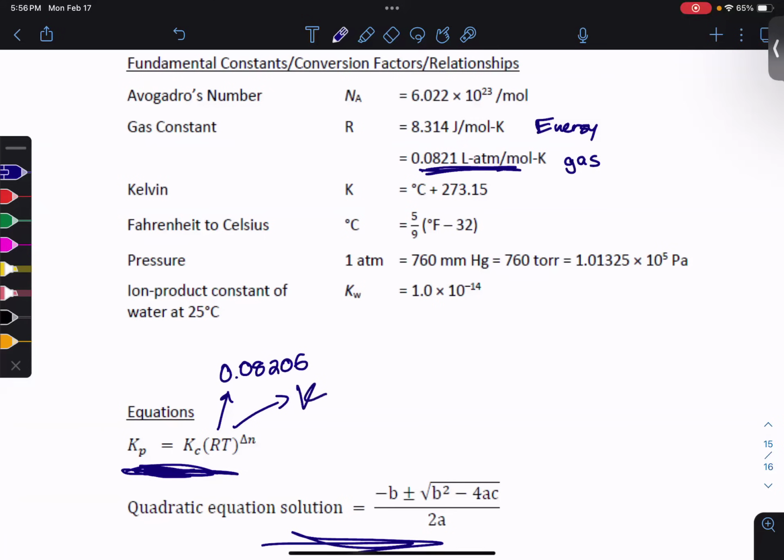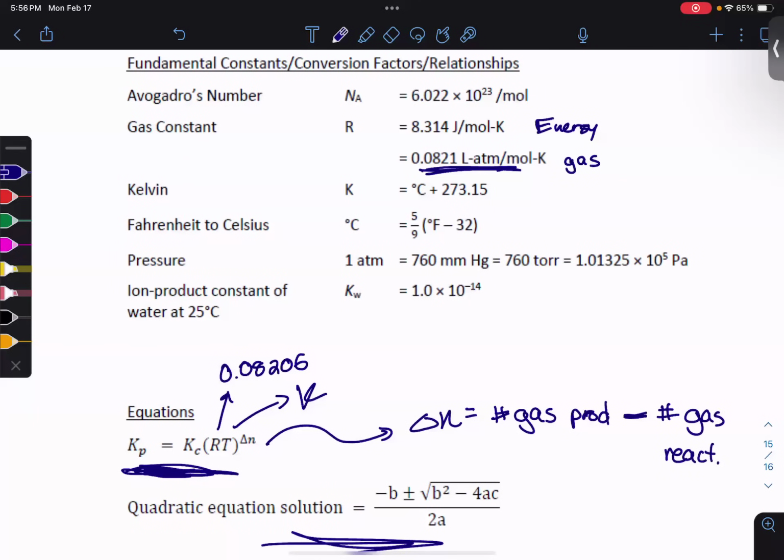Kelvin, yes, like gas laws. Delta N is equal to the number of gases in your products minus the number of gases in your reactants. That is delta N. Products minus reactants, but only look at gases.